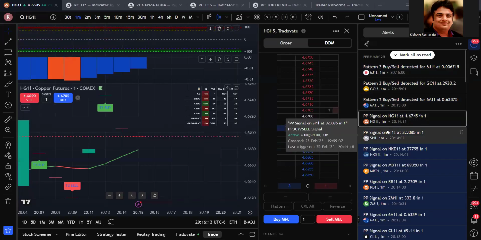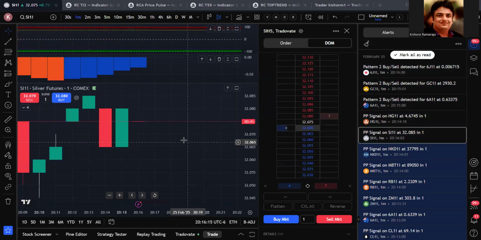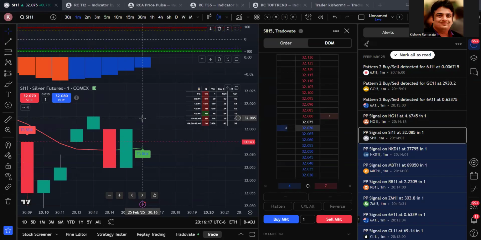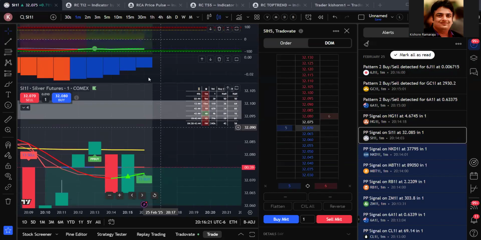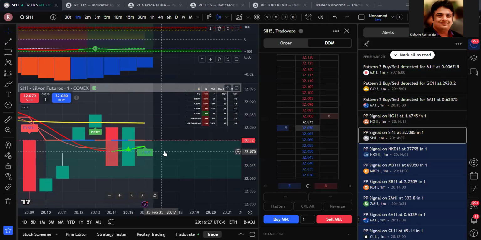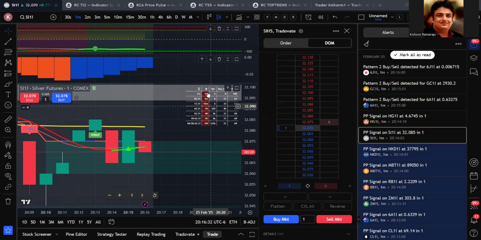Now, copper, silver, silver also I got a buy signal. Here also this is looking good. Here I have buyers, but only volume is looking a little negative.